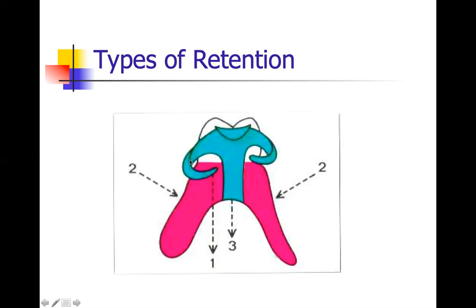This one, this is a clasp. While the secondary retention is provided by the denture bases and intimate contact of the minor connector with the guiding planes, this one.